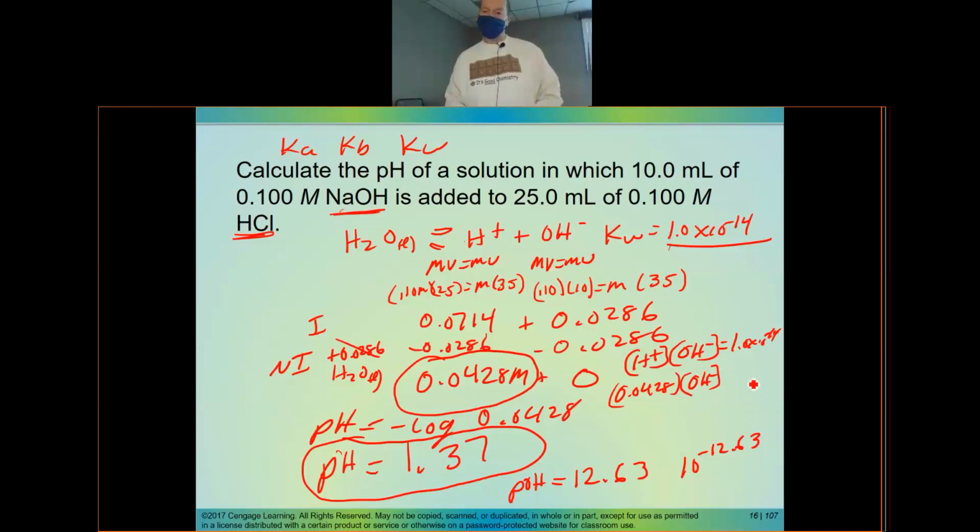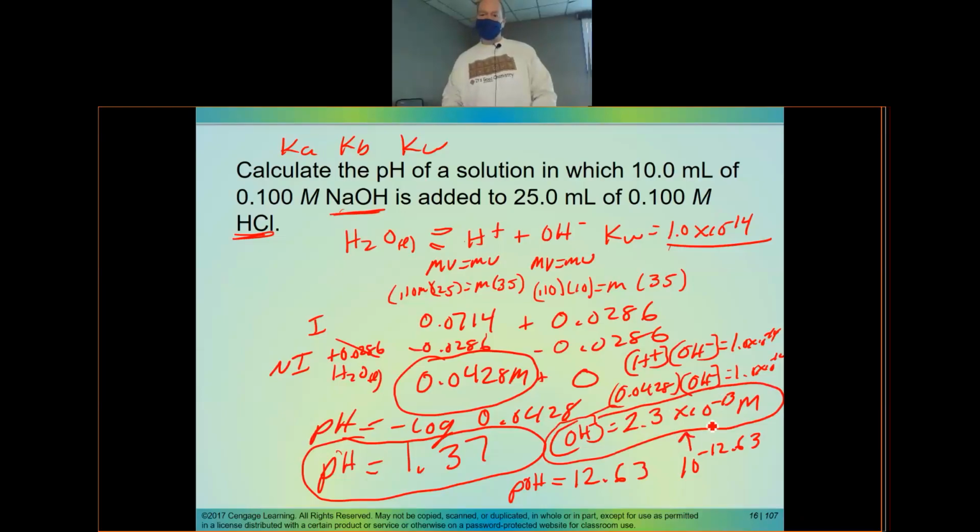Divide both sides by the 0.0428. So you take 1 times 10 to the minus 14, and you divide that by 0.0428, and that gives you 2.3 times 10 to the minus 13. That is your OH minus concentration. 10 to the minus 12.63 is 2.3 times 10 to the minus 13. So that's how you get your concentration of OH minus.